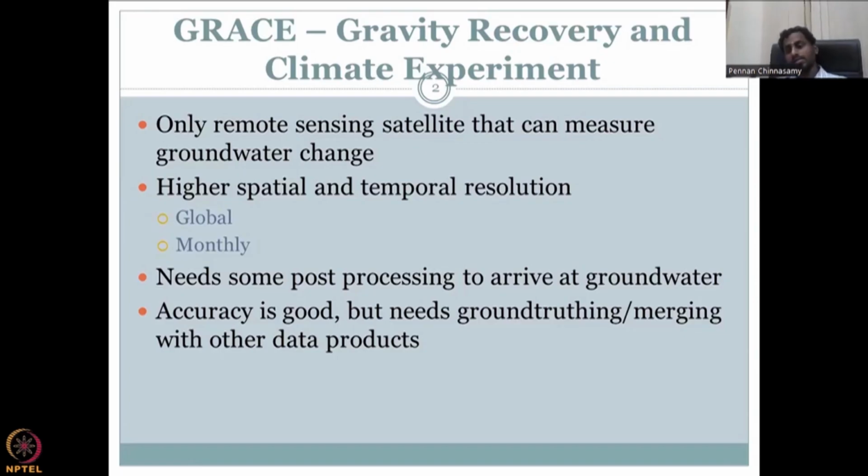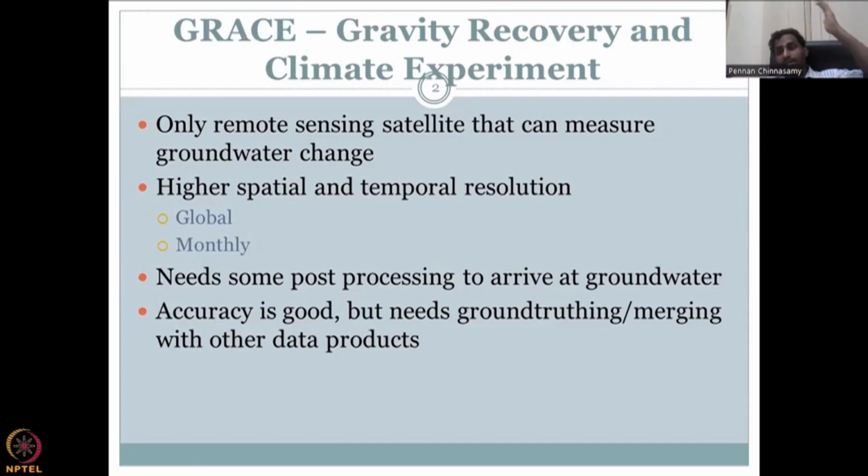However, this data, since it's very specific, specialized satellite data, needs some post-processing and cleaning to arrive at a tangible data for groundwater. So that is one limitation. There are some calculations that you would need to do based on the water balance calculations to arrive at groundwater.